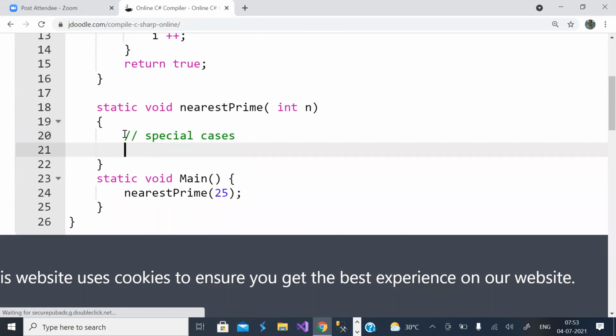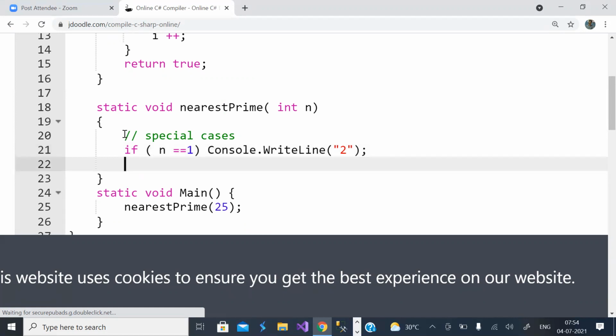Special case 1. If n is equal to 1, then the answer is 1. Sorry, 2. Nearest prime is 2 for 1. Okay. Next special case.